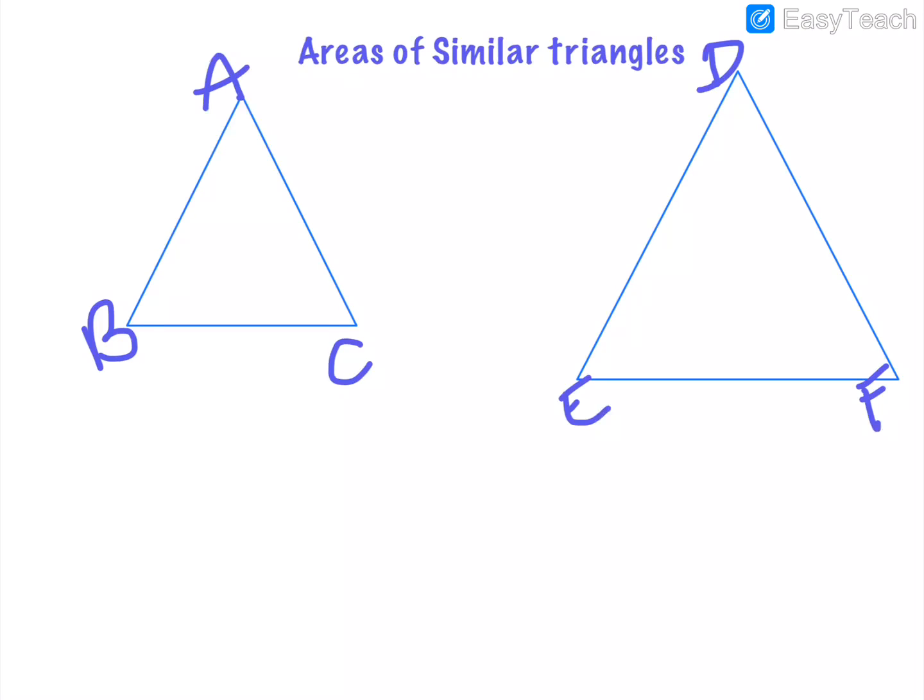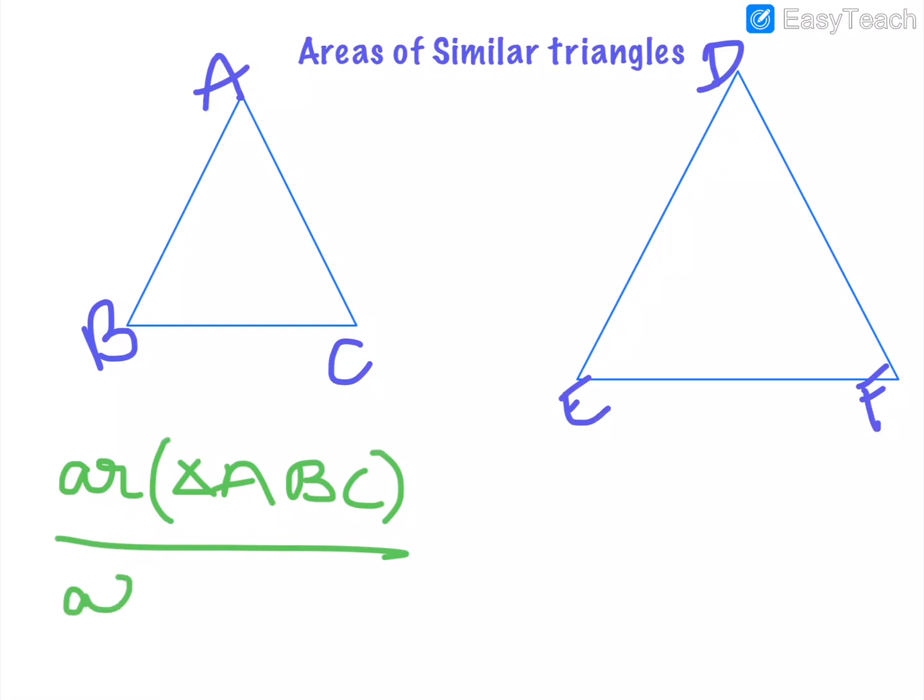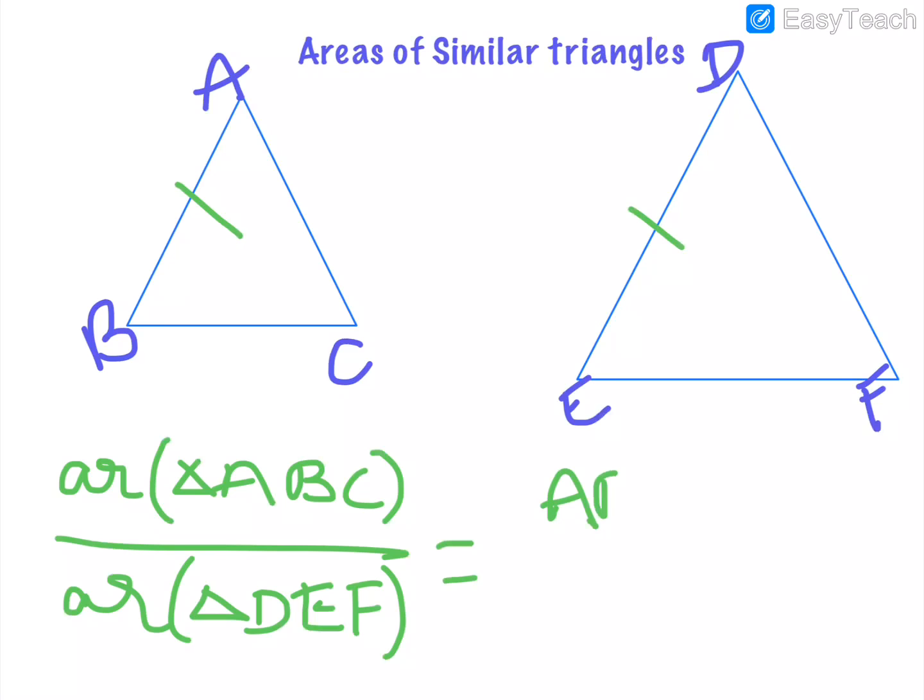Now the theorem that we will be working on here is: area of triangle ABC and area of triangle DEF. If you compare these areas, it is equal to the square of the ratio of corresponding sides, that is AB square by DE square.